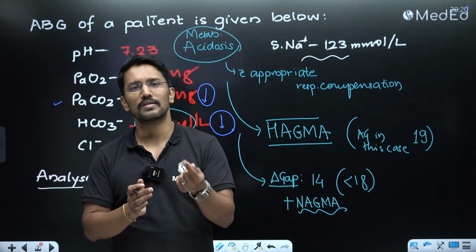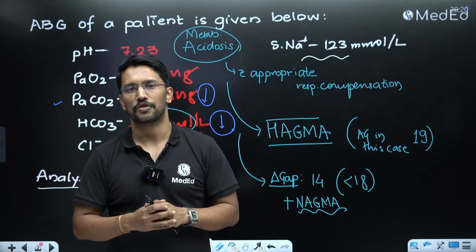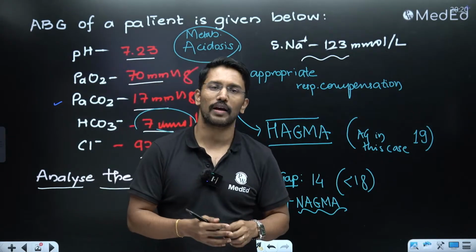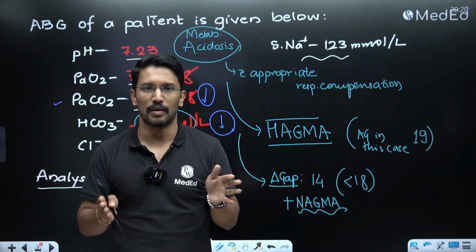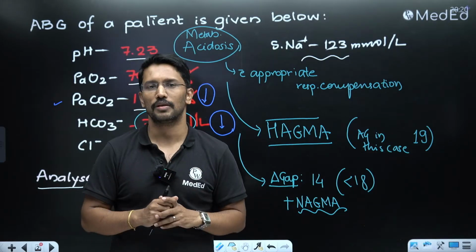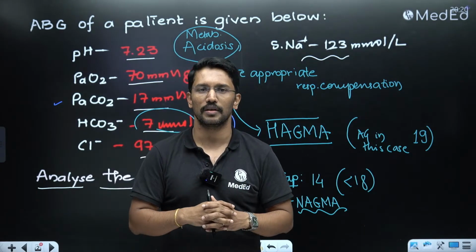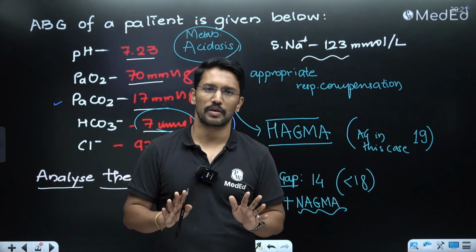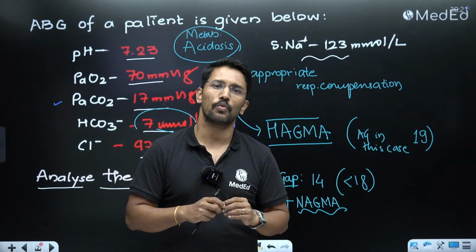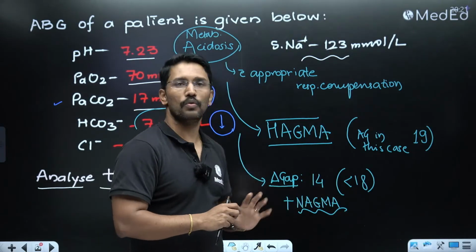They may go one step ahead and ask you to calculate the appropriate level of compensation. In the previous video module, I have shared the table where the appropriate compensation for all the ABG abnormalities has been mentioned. So I would expect you to literally memorize them. If you know those compensatory formulas, then you will be able to deal with most of the questions coming from ABG. Now, for those students who want to nail any question coming from ABG, we should come to this point.